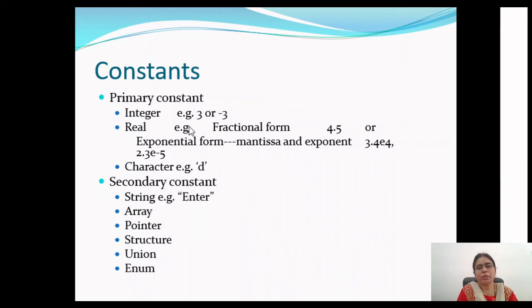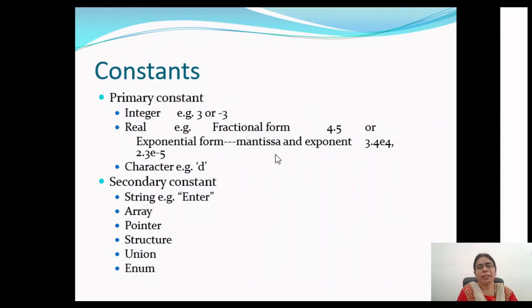These real type of constants are basically fractional values, and they can be represented in two ways. The first one is fractional form and the second one is exponential form. So in the fractional form, we can have values like 4.5 or any other value with a decimal point in between. And in the exponential form, we have two portions, mantissa and exponent.